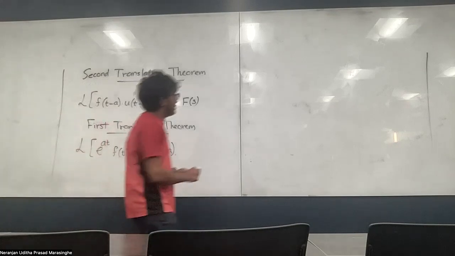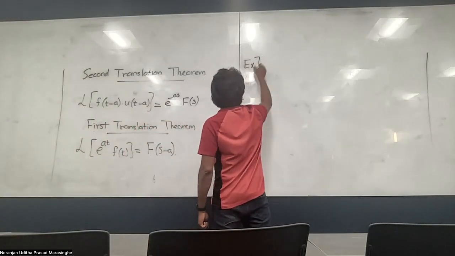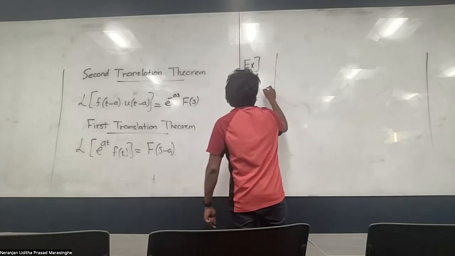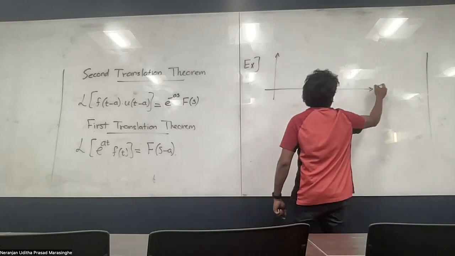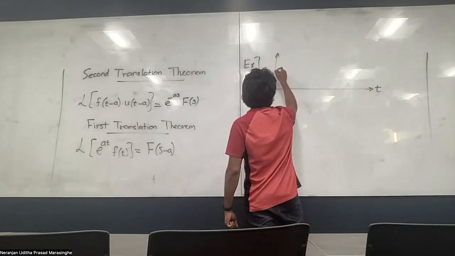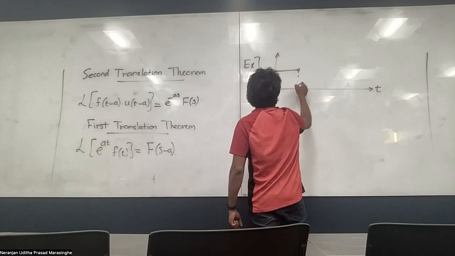So my first example is from the second translation theorem. Can you give a try for this problem? I would sketch a graph. This is my t-axis. Suppose we have something like this.